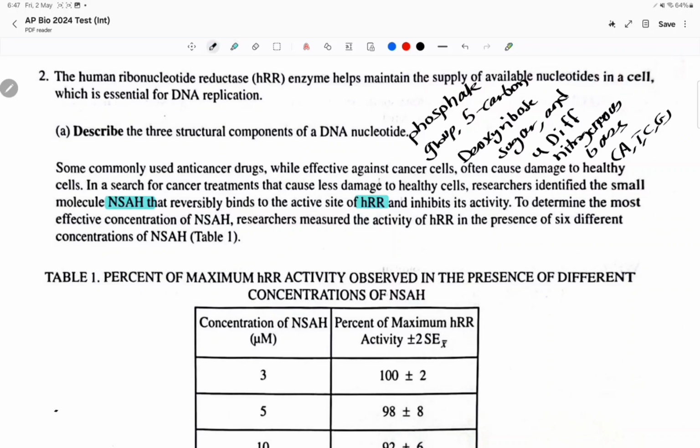So essentially, NSAH can bind to HRR and can inhibit its activity. I use the symbol to mean inhibit or to block. To determine the most effective concentration of NSAH, researchers measured the activity of HRR in the presence of 6 different concentrations.